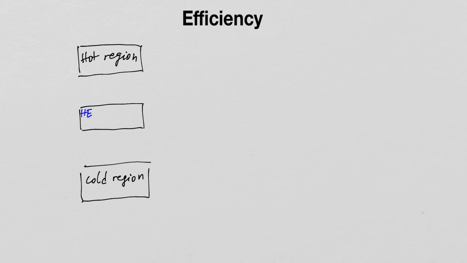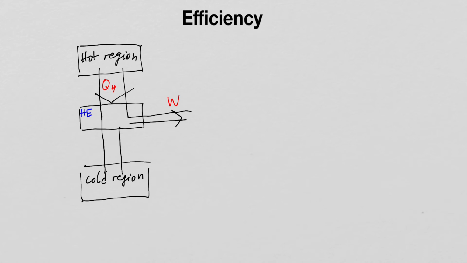So the heat that is coming from the hot region, I'm going to label with Q sub H. Then the amount of heat converted to work by the heat engine, we will call W. And then finally, the amount of heat exhausted into the cold region, let's call Q sub C.